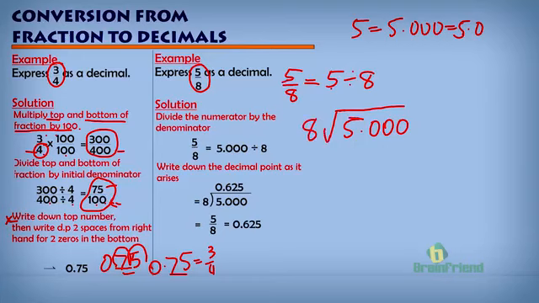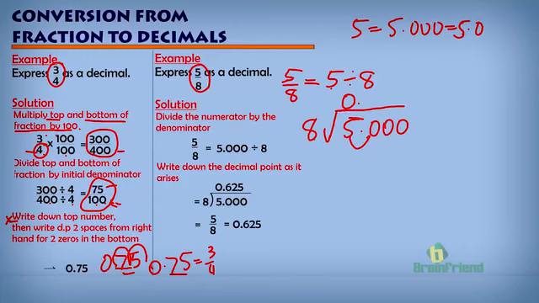8 goes into 5 is not possible. It's impossible for 5 to be divided by 8. Hence, we write down 0. 0 tells us that 8 could not go into 5 because 5 was smaller than 8. Then we put our decimal point next. We merge 5 and the next 0 to give us a whole number 50.